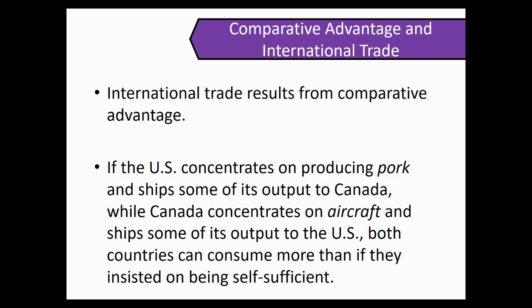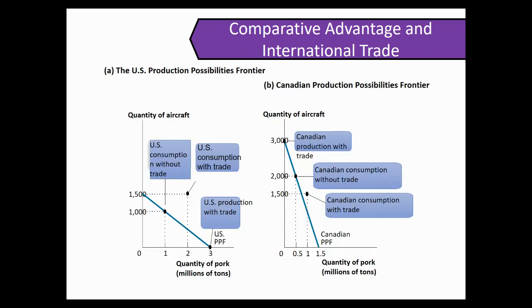Okay, so international trade uses comparative advantage, whether a country focuses on pork or aircraft or military weapons or corn or soybeans or finished electronics. We want to be able to trade. And here's an example of if we specialize in trade, if they produce where they should.